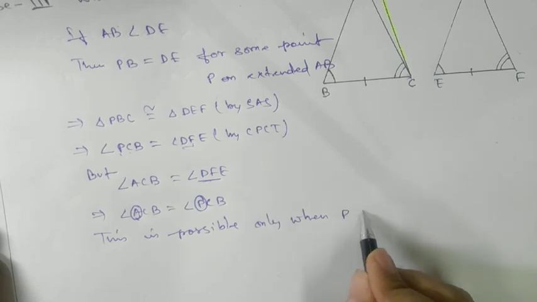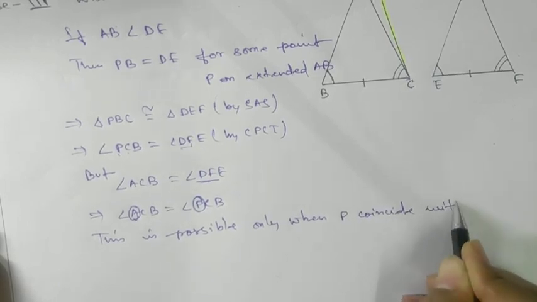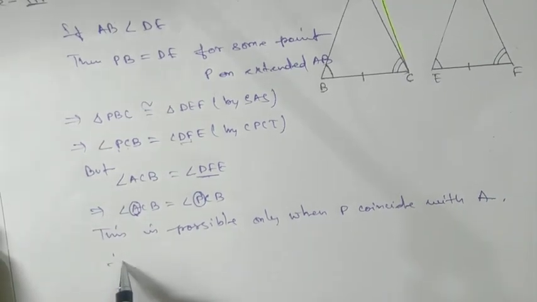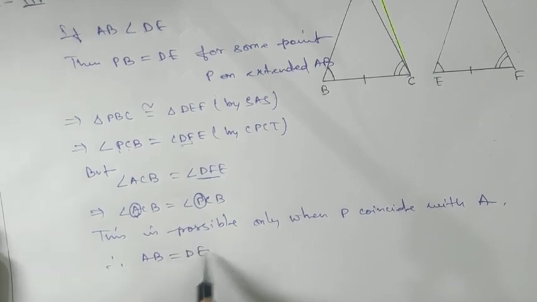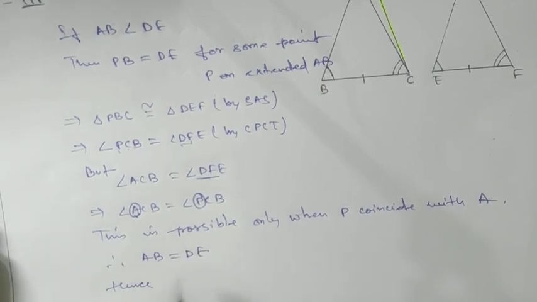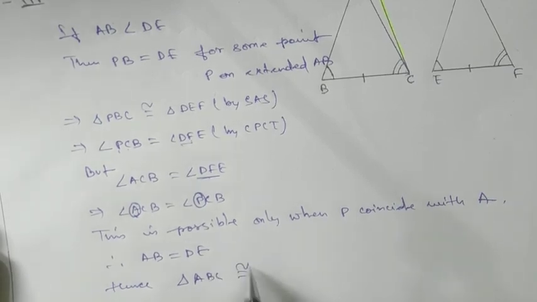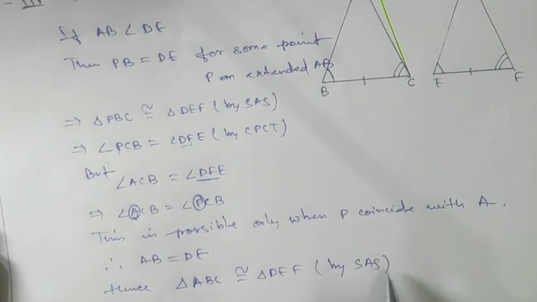That means P coincides with A. Therefore, AB equals DE. Hence, triangle ABC is congruent to triangle DEF by SAS.